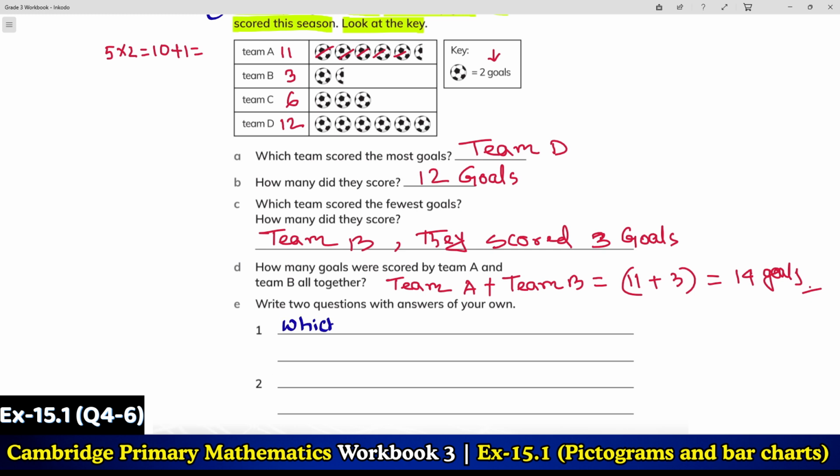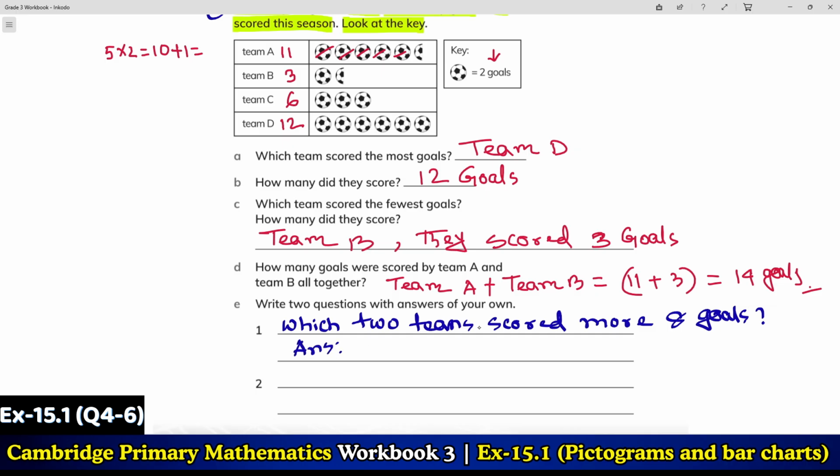Which 2 teams scored more than 8 goals? Answer.